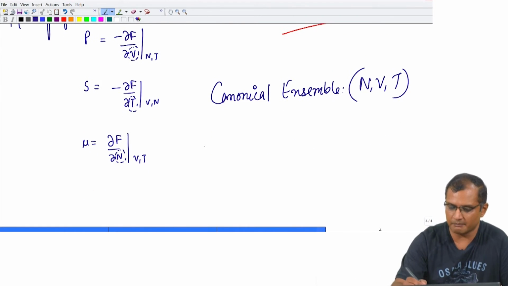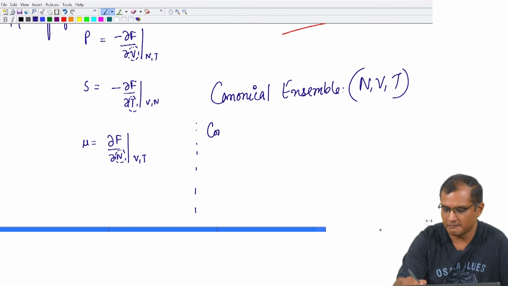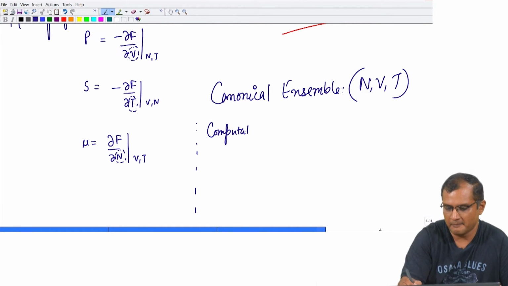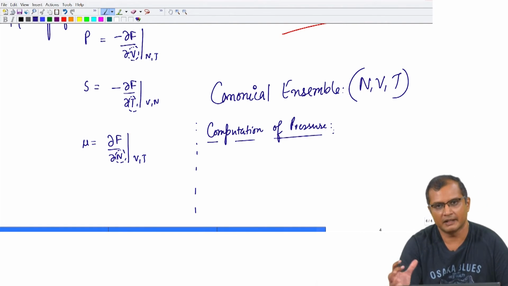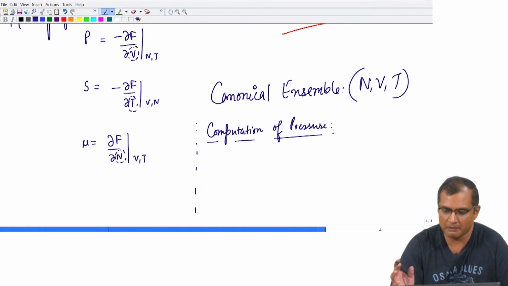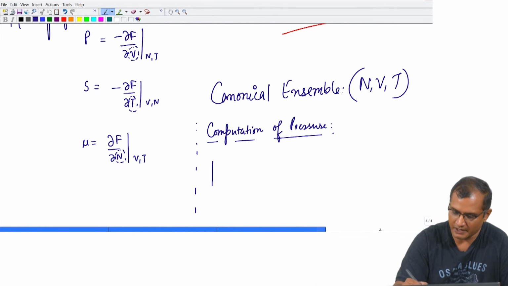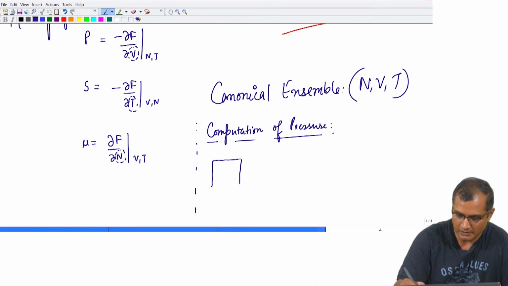What does that mean? For computation of pressure, I am going to take the first case only, and that should be enough to explain how entropy and mu can be computed. So, you create different canonical ensembles.